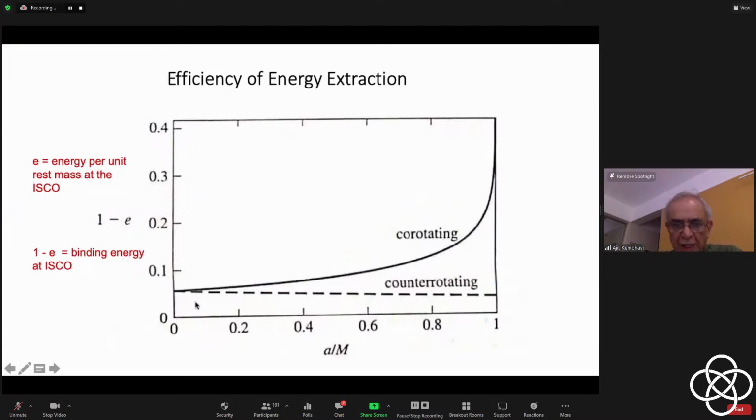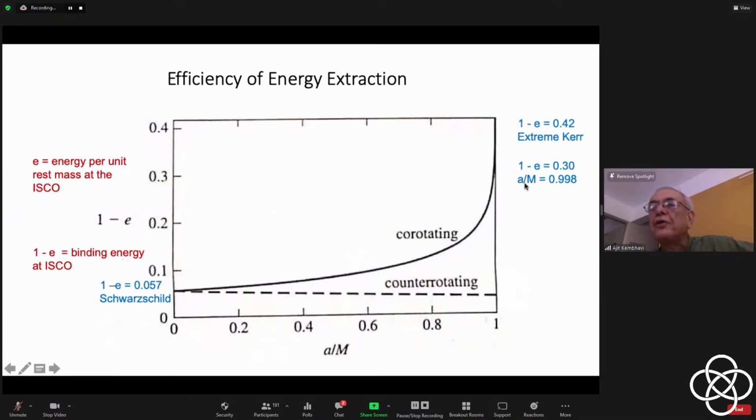When A is 0, again we are at the Schwarzschild surface, and it is only 0.057. So about 6% of the energy of the particle can be extracted by sending a particle to an orbit at the ISCO.